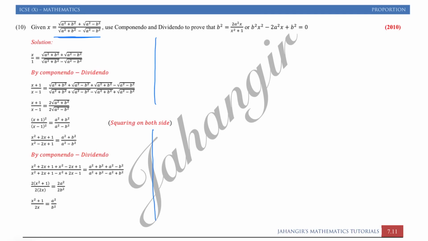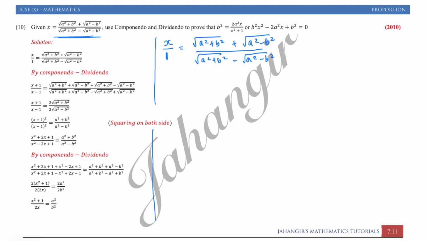(2010). This is again the same pattern question. We have x. You have to write x by 1. You have to remember that whenever we have x on the left side, you have to always write it as x by 1, is equal to (root of a square plus b square plus root of a square minus b square) whole upon (root of a square plus b square minus root of a square minus b square).